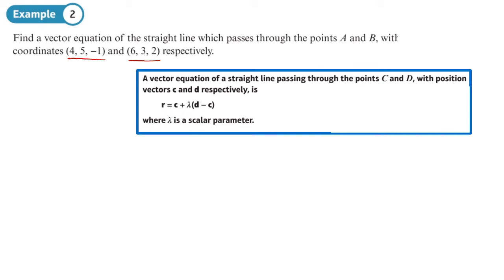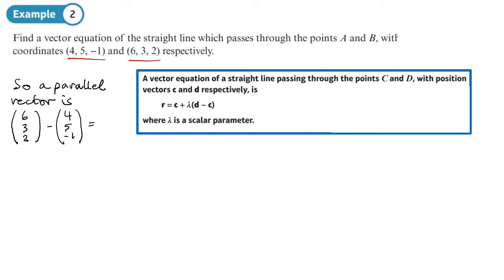So a parallel vector is, now there's 2 ways we can work it out. We can do the second vector minus the first. So that would be 6, 3, 2. Sometimes it's easy to work in columns. Minus 4, 5, negative 1. So that gives me 2, negative 2, 3.